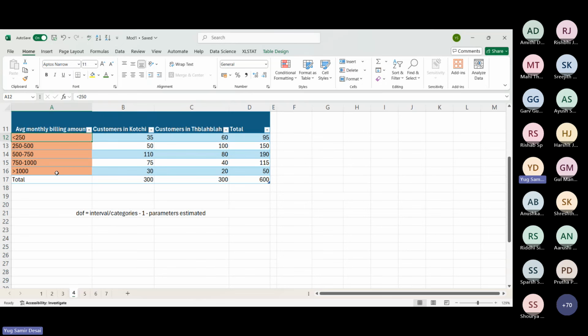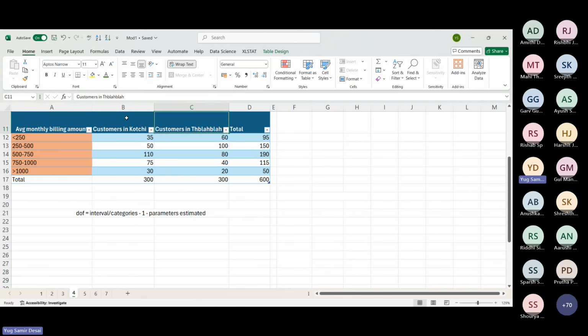I wrote it as intervals because it's easy to understand. Like if it's less than 250, if it's between 250 and 500, between 750 and 1000, if it's greater than 1000. So those are your categories. You subtract one and then you subtract the parameters estimated.